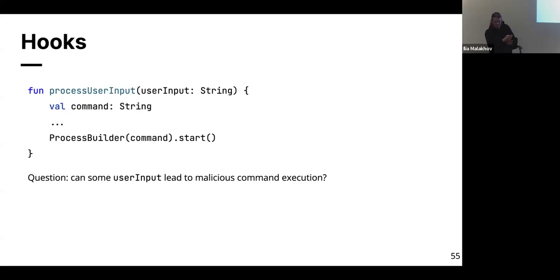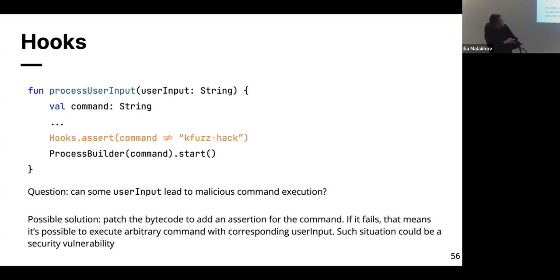To find out, let's do a trick. Let's insert an assertion which checks if this command is something completely unexpected. So the users don't expect the kfuzz command to be executed. What will happen if this assert fails during fuzzing?